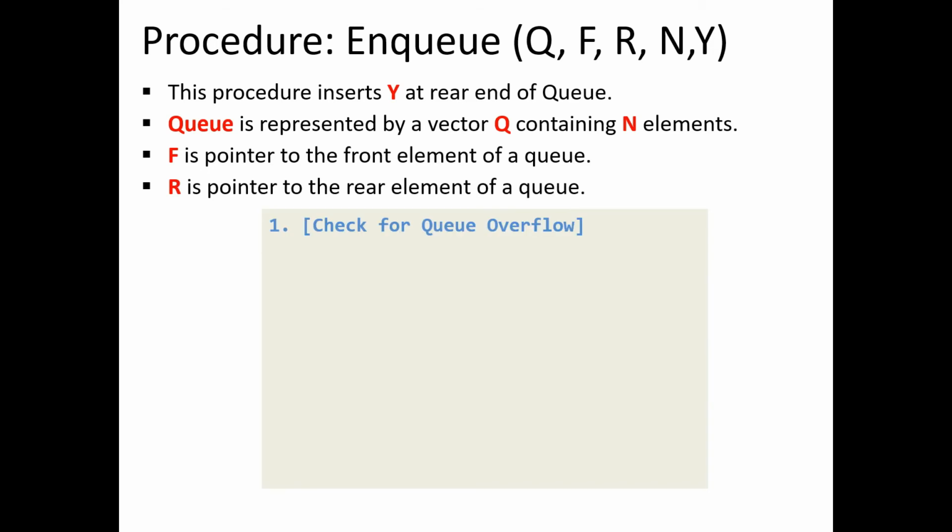Now the first step is to check for queue overflow. We have to insert an element into the queue, so first of all we check whether our queue is full.